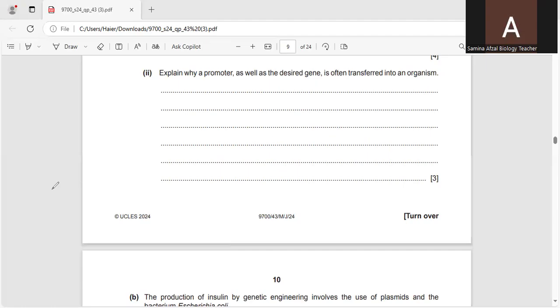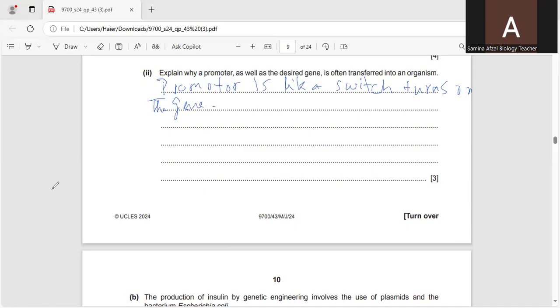Now I would like to write shortly all this explanation. First of all, I will start with: a promoter is like a switch which turns on the gene. In both ways, it can switch off as well.